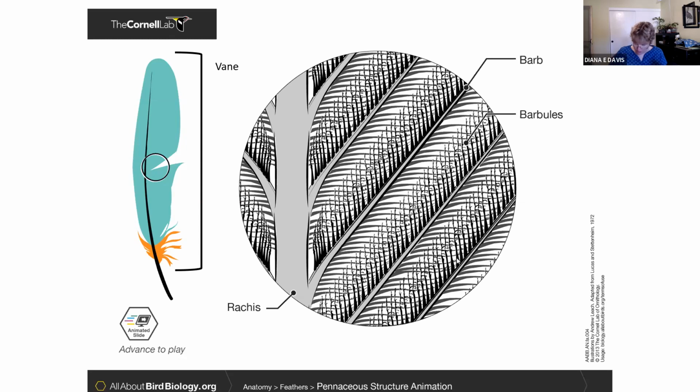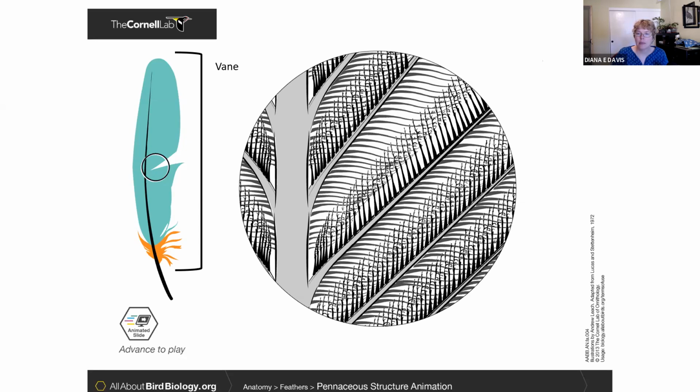And why is the video not working? I don't know why the video doesn't want to actually play. If you pull these barbs apart, you're going to get separation between this shaft and this shaft. And you can see right here, a break in the feather structure.